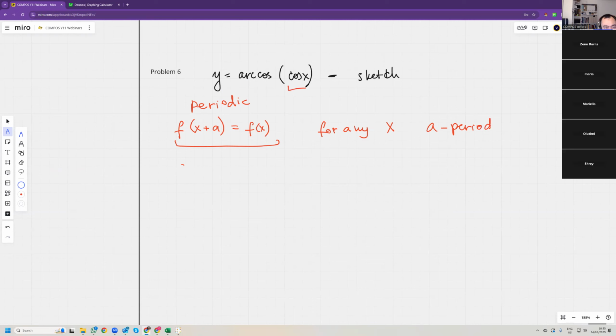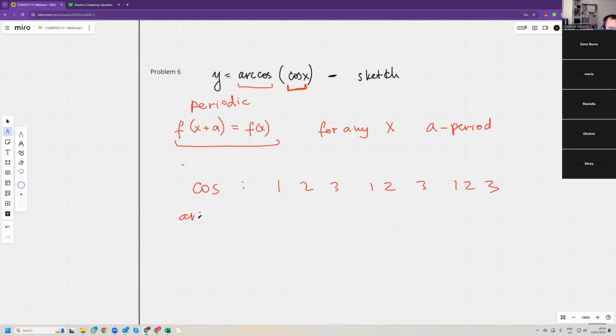So we know for sure that cosine is periodic. But if cosine is periodic, that means our arc cos of cos will always repeat itself. Imagine cos going 1, 2, 3, 1, 2, 3, 1, 2, 3.